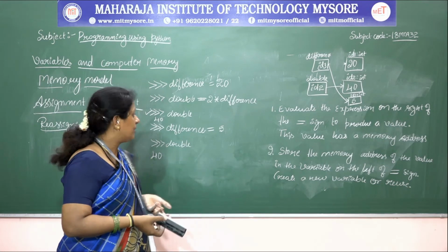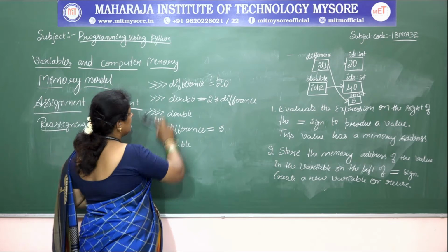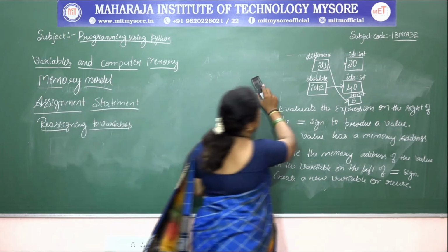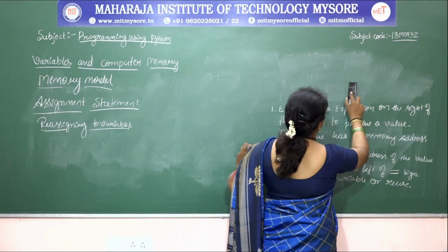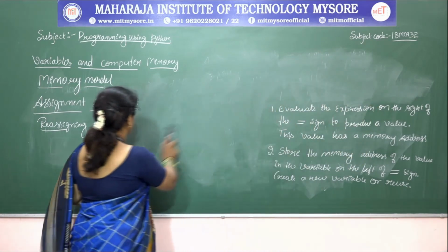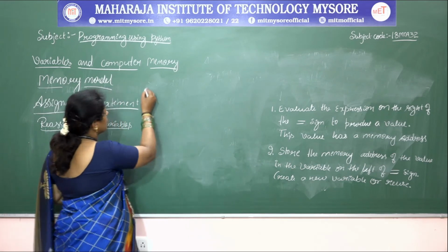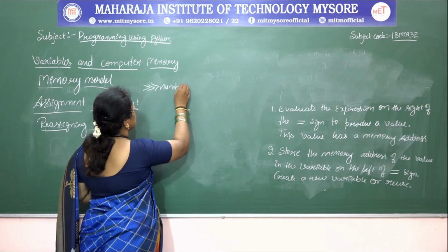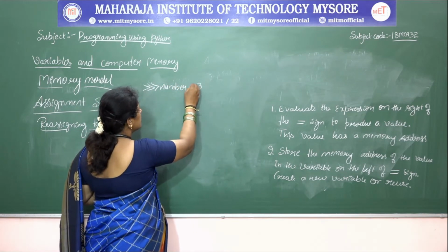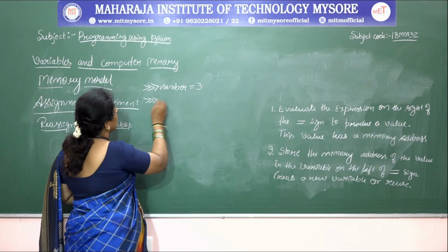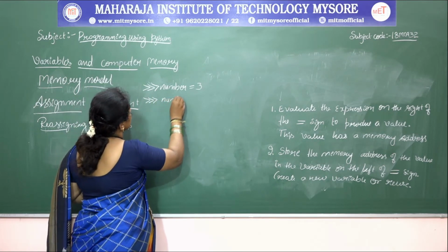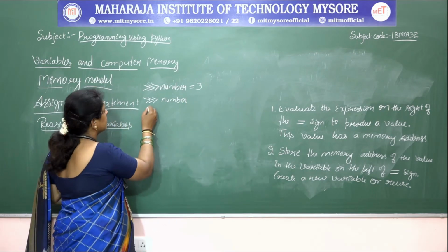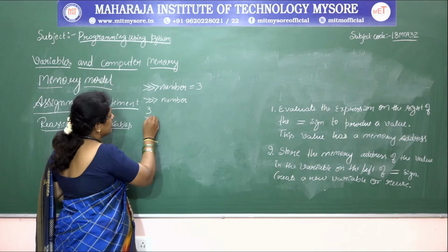Let's give one more example with respect to the memory model and assignment and reassignment of the value in a variable. The code is like this. number = 3. Then I display the content of number.